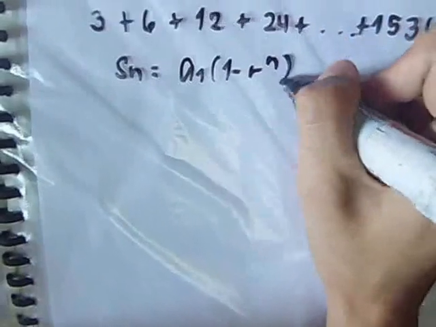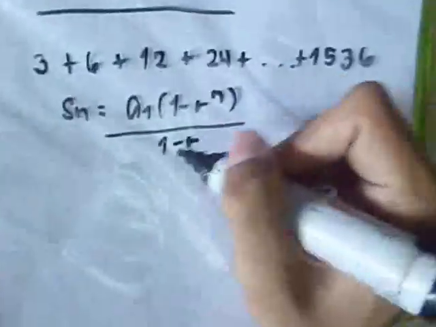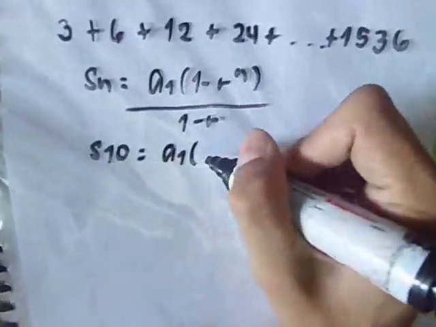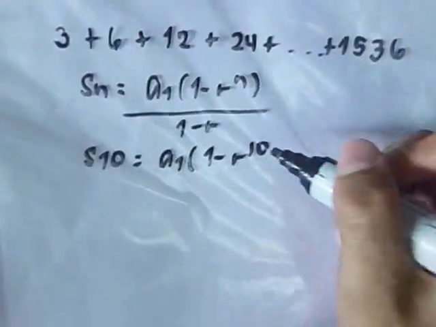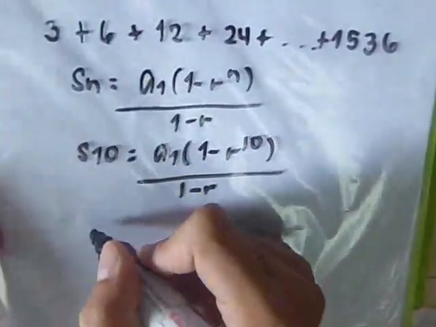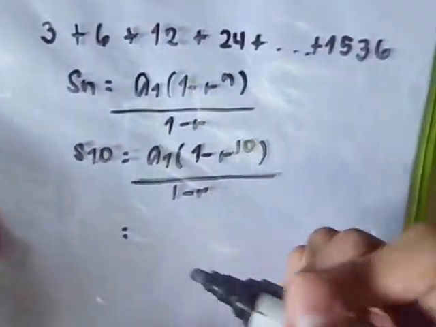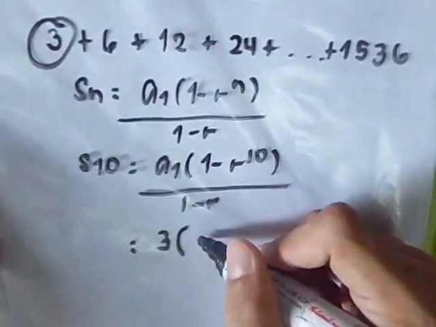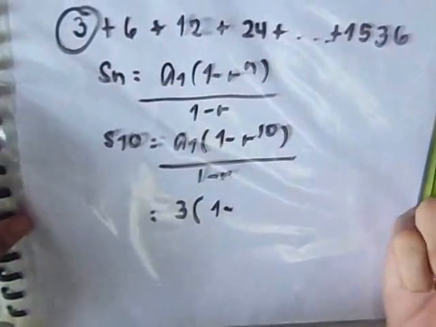Substituting in our formula, we have S sub n is equal to a sub 1 multiplied by 1 minus r raised to n over 1 minus r. We have S sub 10 is equal to a sub 1 multiplied by 1 minus r raised to 10 because there are 10 terms, all over 1 minus r. And we have S sub 10 is equal to a sub 1, and that is 3, multiplied by 1 minus our common ratio.